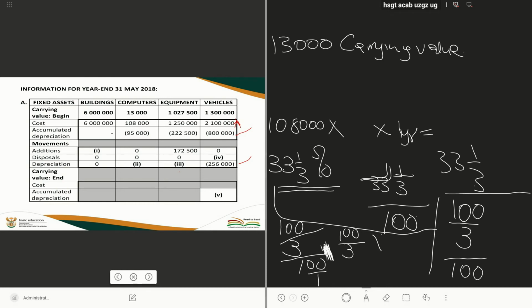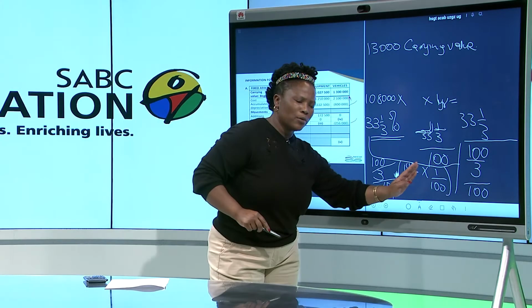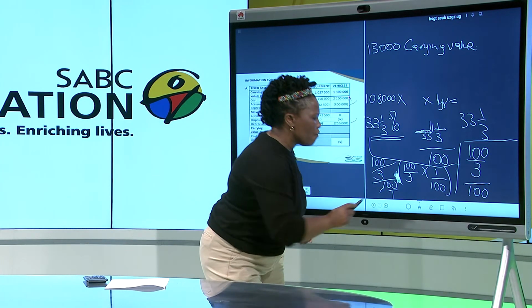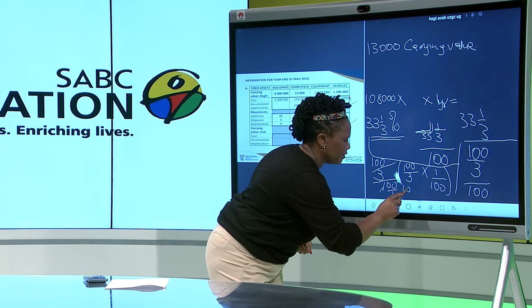We're now going to put in a multiplication sign, and then the rest of the information that is given here is also going to change. Your numerator, which is 100, is now going to be your denominator, 100. And then that 1 will be your numerator. Therefore, you are going to have 100 multiplied by 1, which gives you 100 over 300.